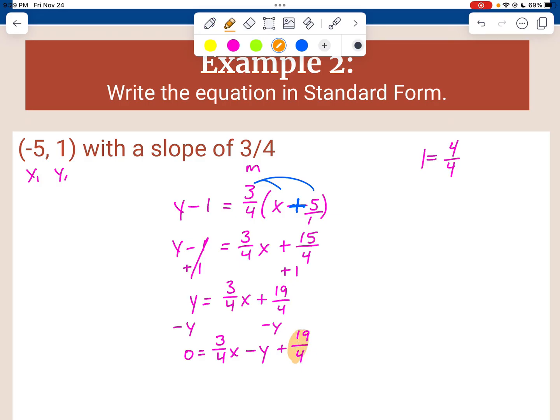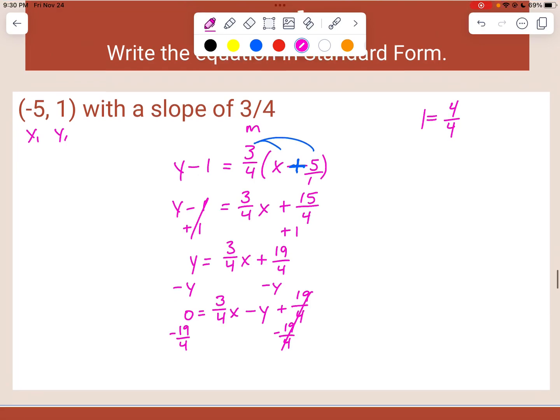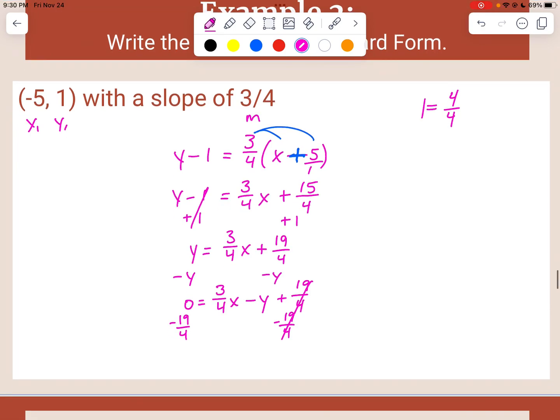I can't combine any of these because this is a constant, this has y, and this has x. They're not like terms. And now I just need to get rid of this constant term. So I'm going to do the inverse operation, which is subtracting 19/4. Subtract 19/4. And that gives me 0 minus 19/4, negative 19/4 equals 3/4 x minus y.